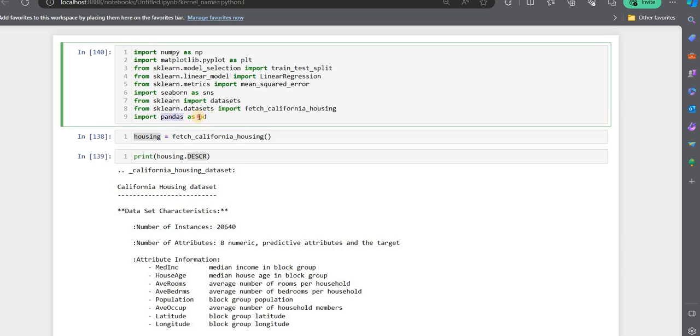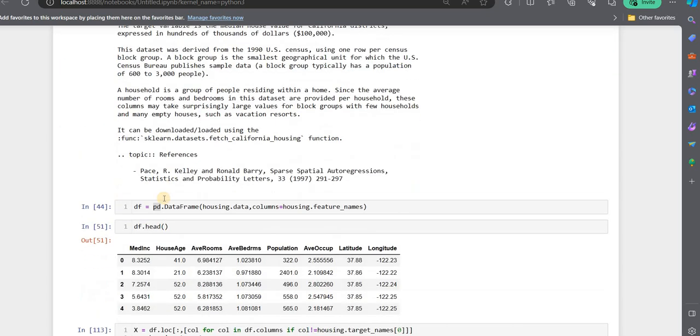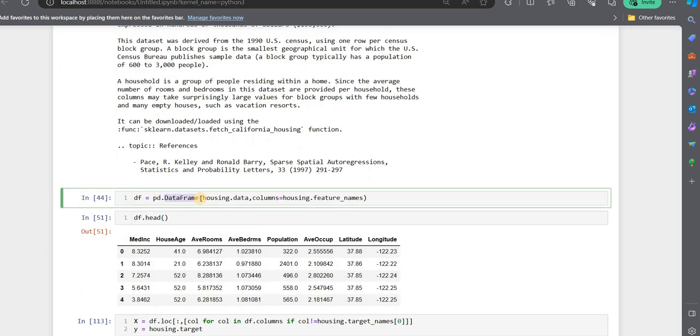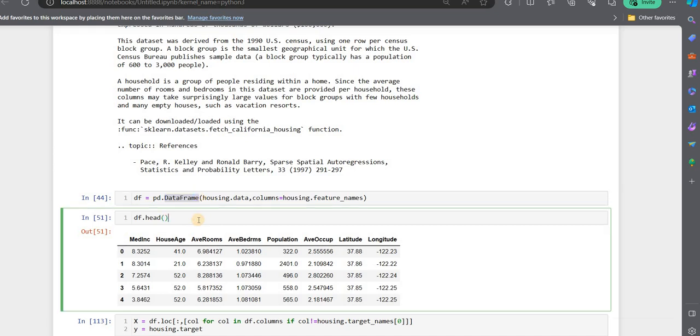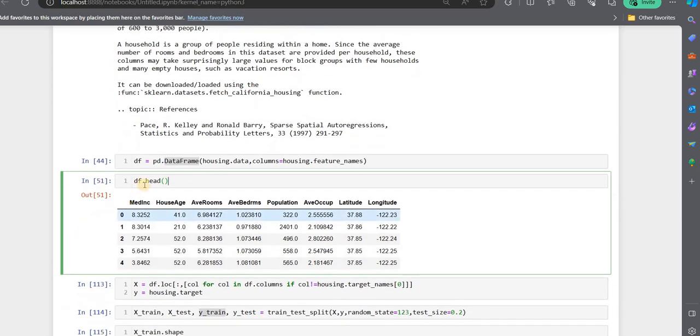Instead of using this big name, we give this alias to use it handily. pd.DataFrame is a pandas function which converts your data into a structured, tabular form. And head will show you the top 5 records. See, it has shown us all these 8 columns.